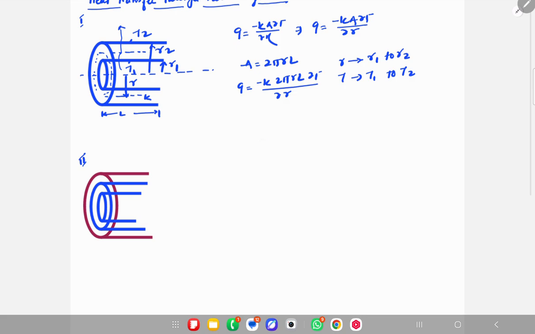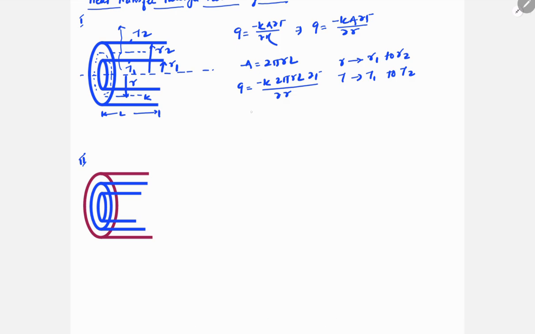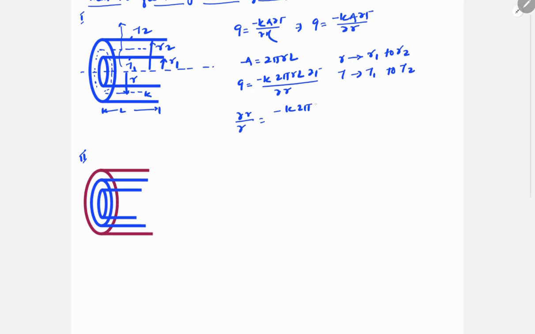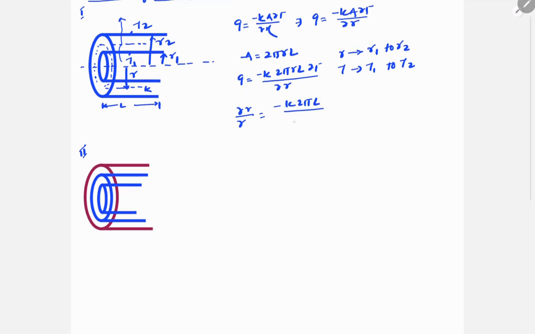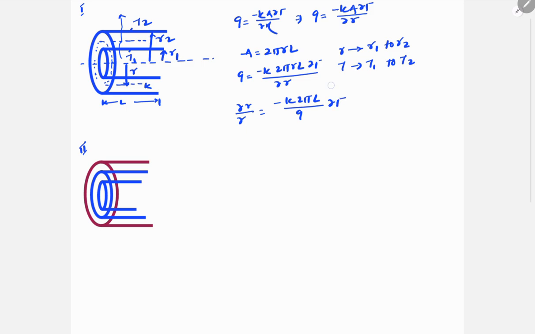For integrating, I am rearranging the equation: dr by r is equal to minus K 2 pi L by Q, and this is dT, T1 to T2, and this is R1 to R2.